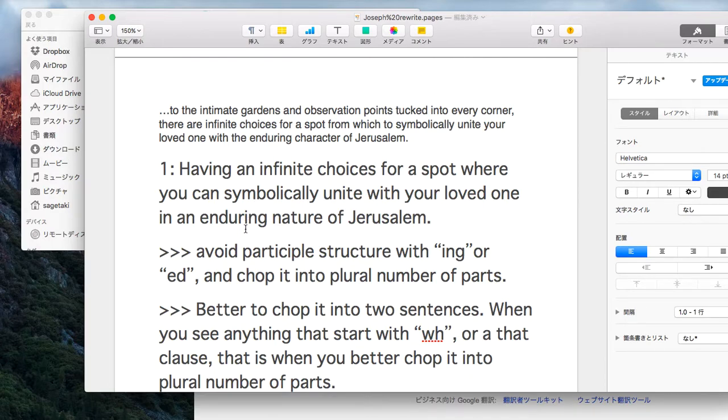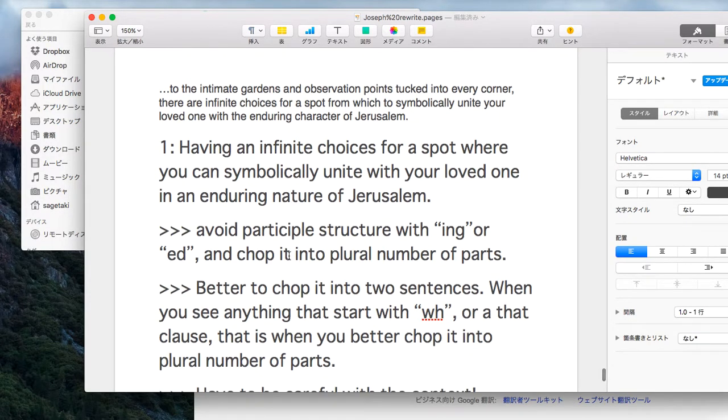So avoid any participle structure with ing or ed, and that's when you have to chop it into plural parts, because that will make the sentence very complicated, making it incompatible with Google Translation.